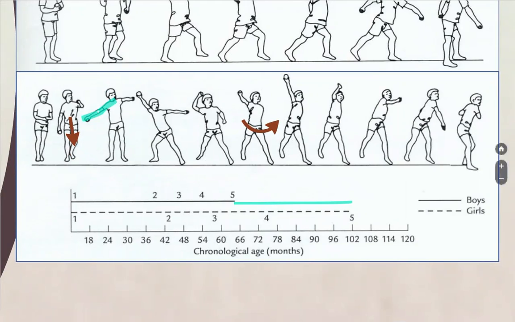So here you see like a bigger difference. You know, most of the time we've seen like a 6-month to 1 year difference. Here we're seeing a really huge gap between development of throwing for boys and development of throwing for girls. And that's probably, we'll talk about social factors, but it's probably a social factor that's predicting their practice and experience with throwing at an early age.